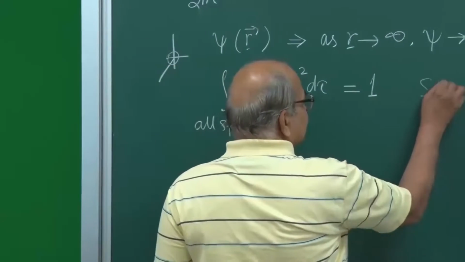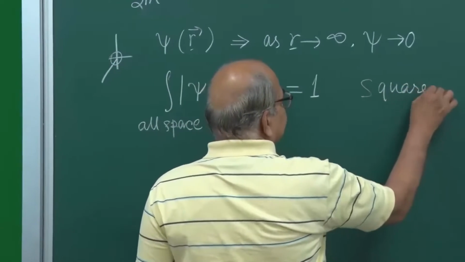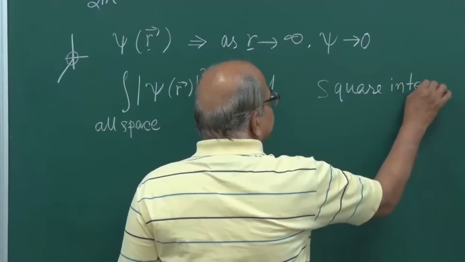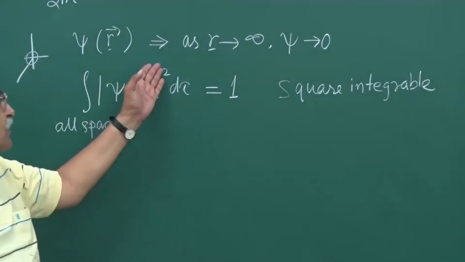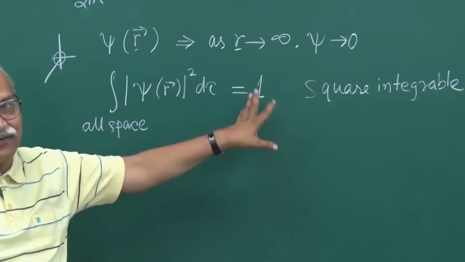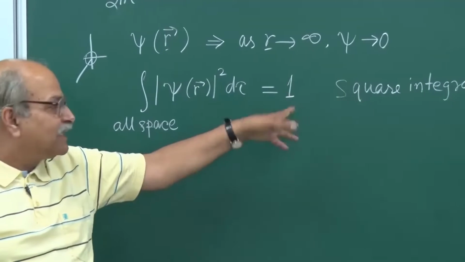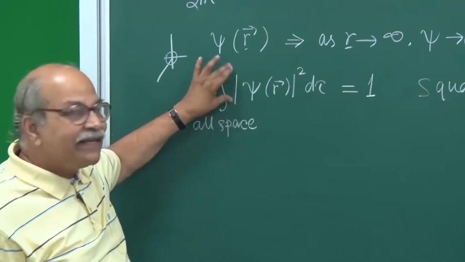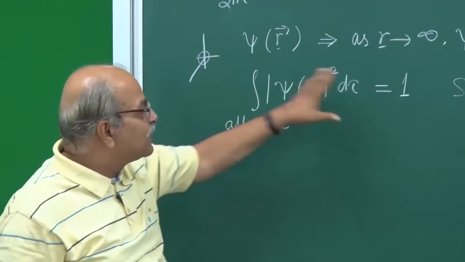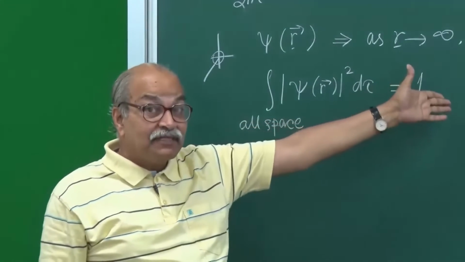This is known as square integrable. That means if you do mod square and integrate, you get a finite quantity. If that finite quantity is 1, it is fine. Otherwise, we will just scale it, put some constant here and make it 1. But it should have a finite value.